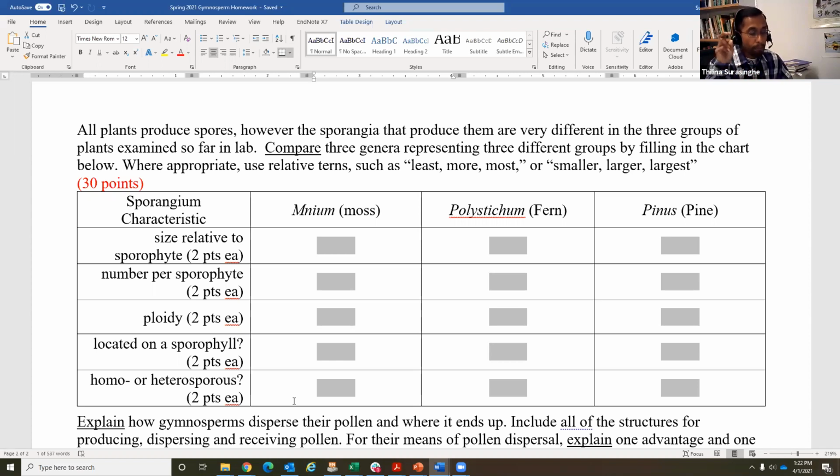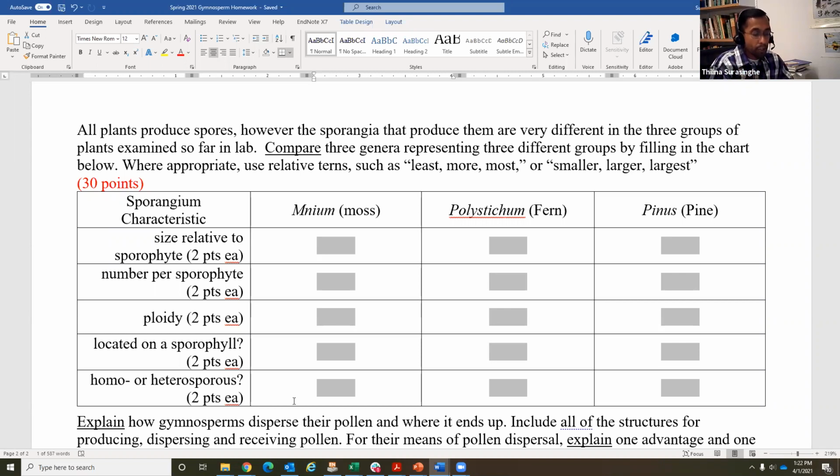Remember, phyll is like a leaf. So a sporangium occurring on top of a leaf-like structure was only found in ferns and pines. In the pines, and in certain ferns, we even give them different names. Not in the case of mosses.